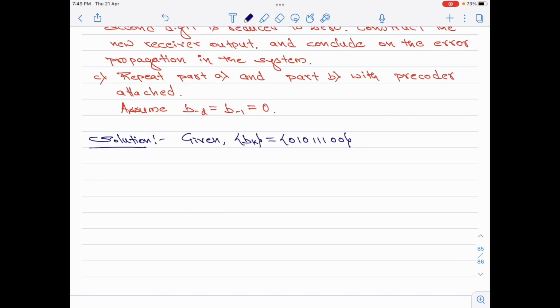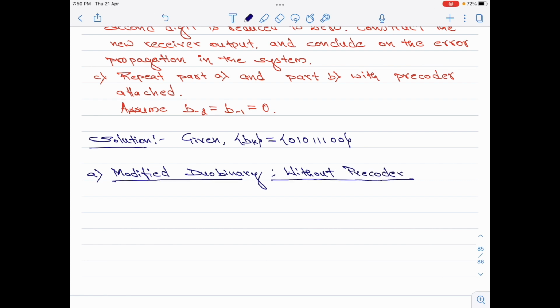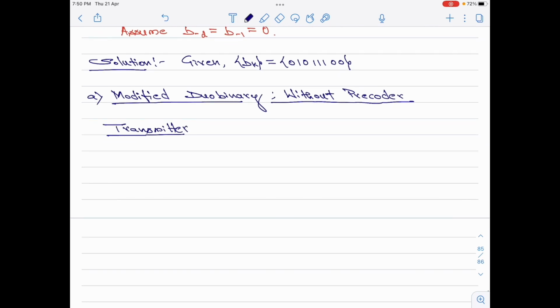Let me now start with part A of the question, which is to construct the modified duobinary coder output and the corresponding receiver output when there is no precoder attached. I'm going to start with the transmitter part first. Here, I'll be constructing a small table to illustrate the encoding and decoding.